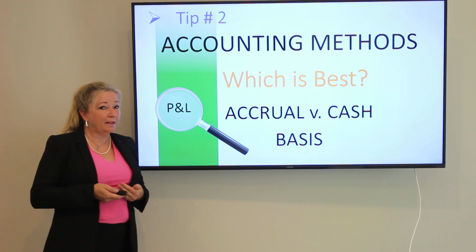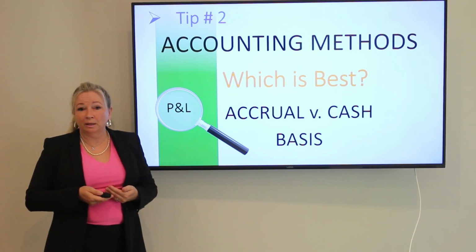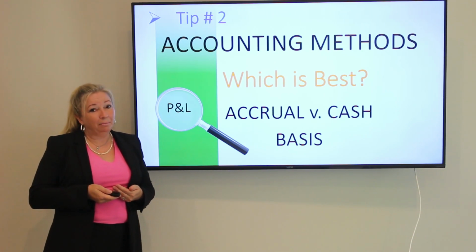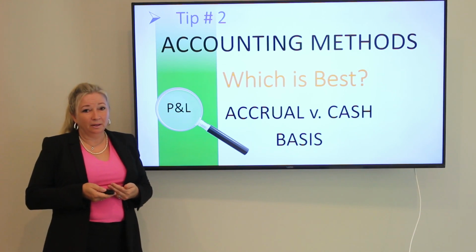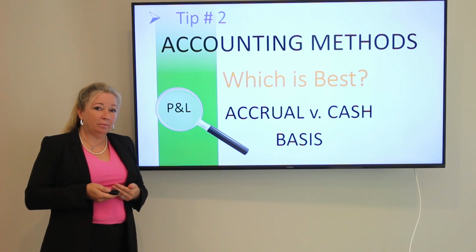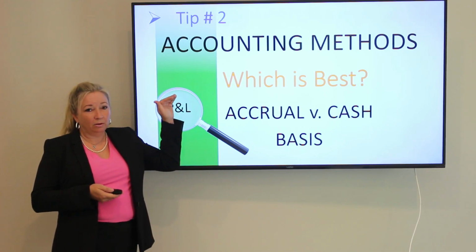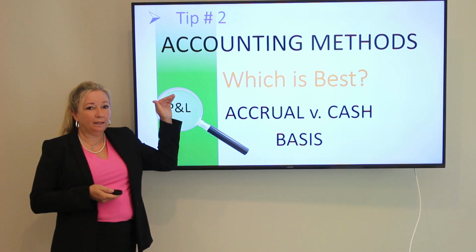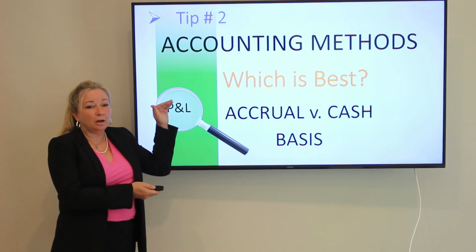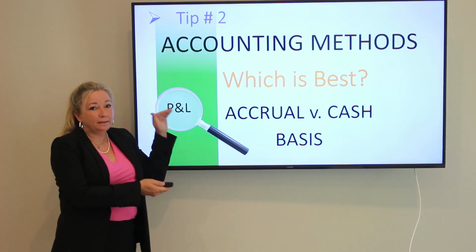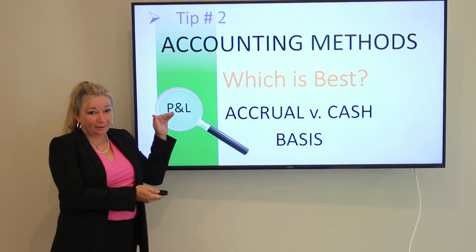It doesn't mean that your customer paid you, and it didn't mean that you had paid your workers. It only meant that on a matching principle basis, the income or the sale for a job and the cost of the labor for the job are in the same period of profit and loss.